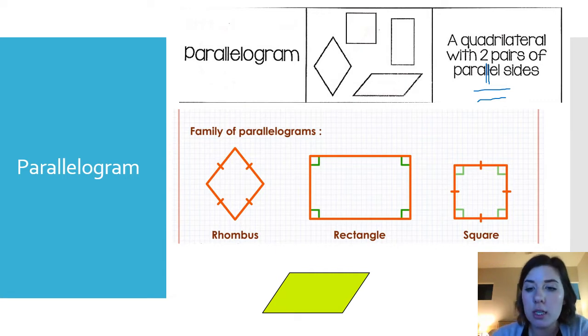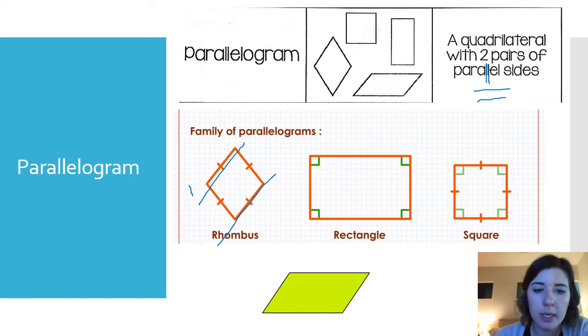So what we're going to do here is look at opposite sides of a shape and see, are these parallel? So if I look at this rhombus here, these sides are never going to touch. That's one set, right? The second set would be the other 2. Those 2 lines is a second set, 2 sets or 2 pairs.